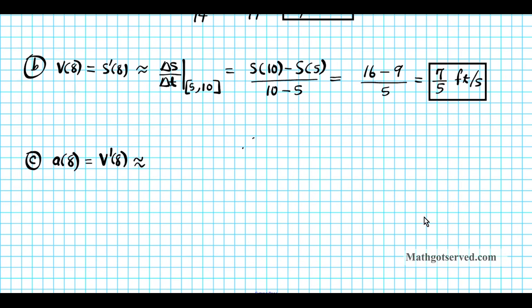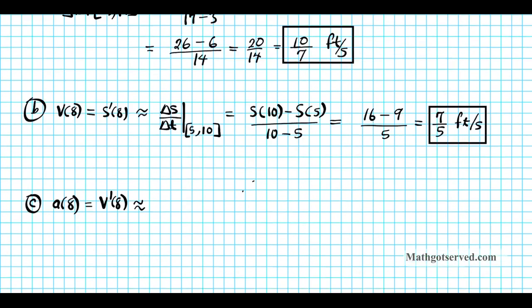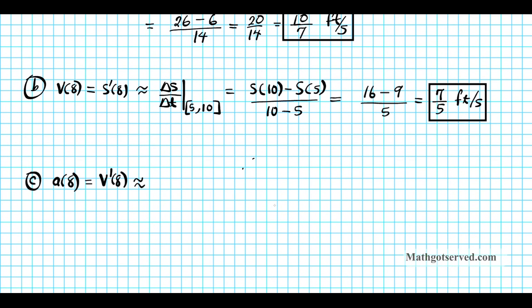Okay, notice we're provided with the position time chart, so we have to basically come up with the velocity time chart and then find the slope of a secant line around 8 to approximate our instantaneous acceleration. Alright, so to do that, we're going to be using delta v over delta t on what interval? What interval are we going to be looking at here?